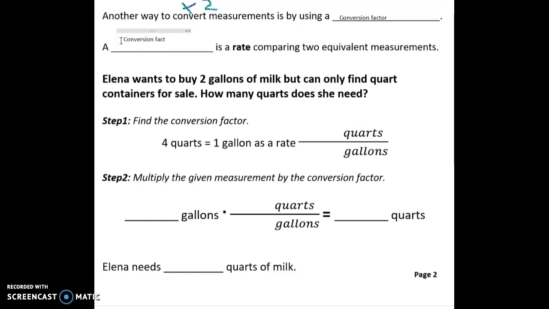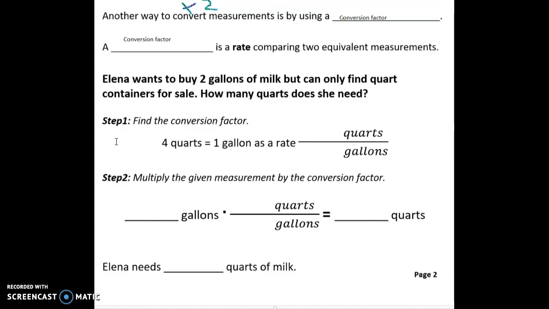A conversion factor is a rate comparing two equivalent measurements. So here we're using a rate, not a ratio. Remember that a rate compares two different units. A conversion factor is comparing two equivalent measurements.